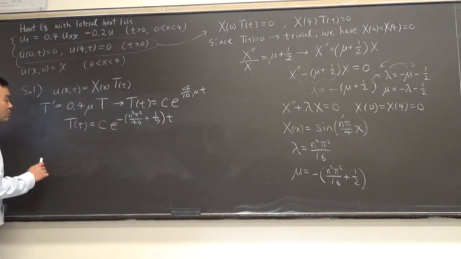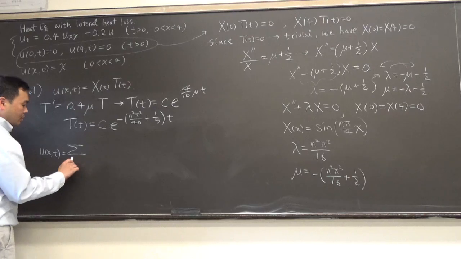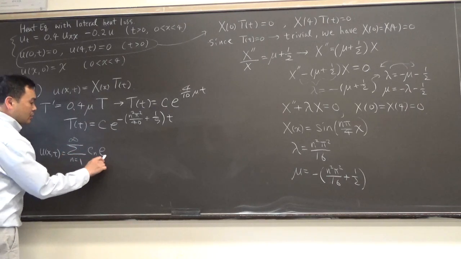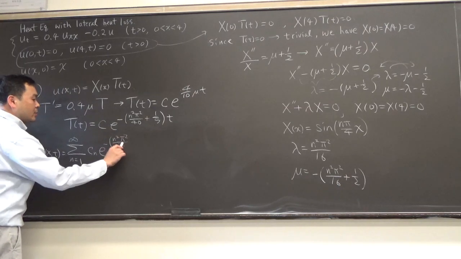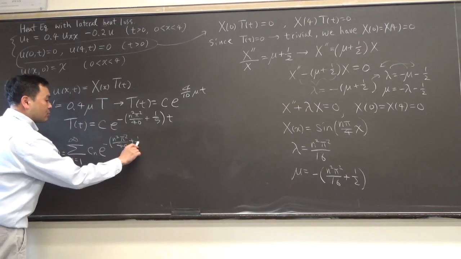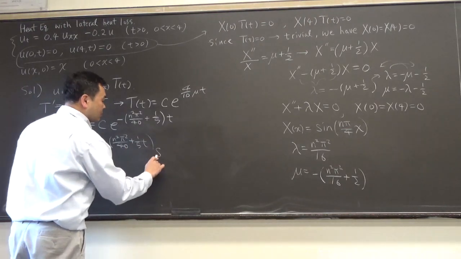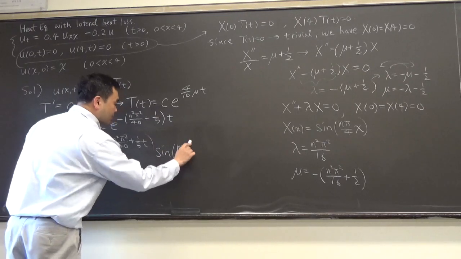So in general, you see that u(x,t) is the summation n equals 1 through infinity of Cn e to the negative n squared pi squared over 40 plus 1/5 t times sine n pi over 4 x.